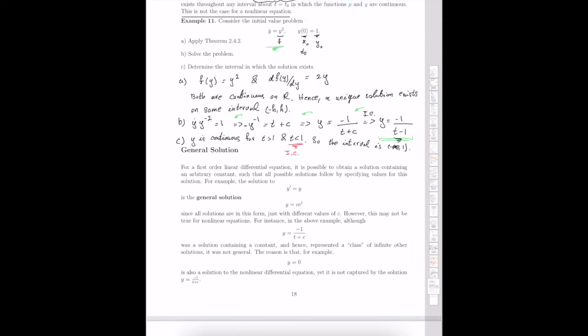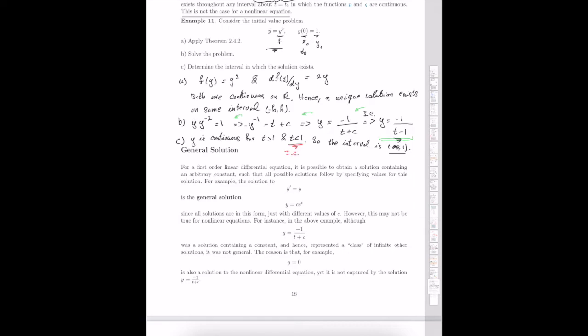And again, the reason is because if I use this function y equal to minus 1 divided by t minus 1, in this interval, this function is defined, and I can take the differentiation. For any point here, I can go back all of these steps until I reach the differential equation up there. So it is a solution.